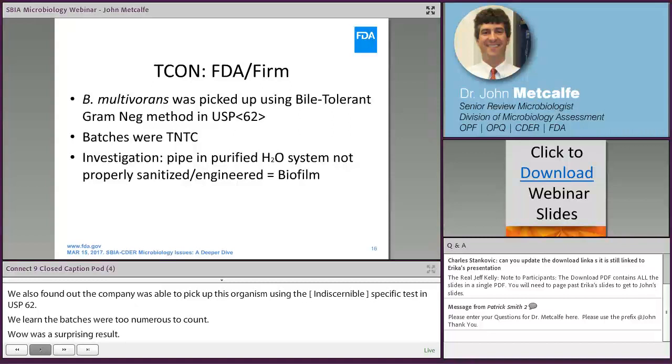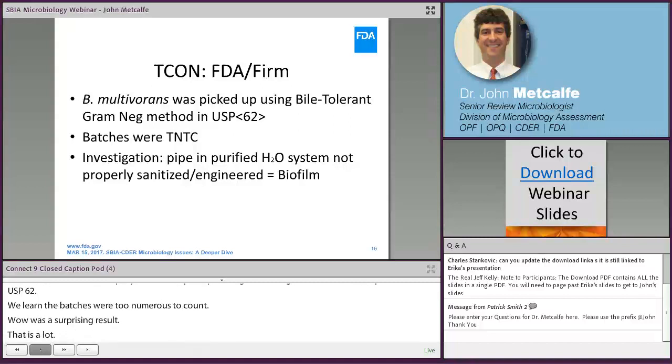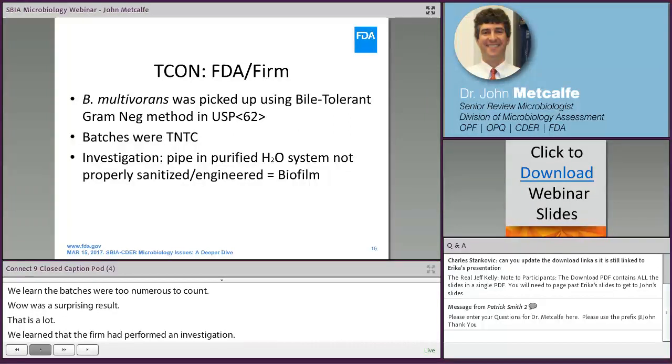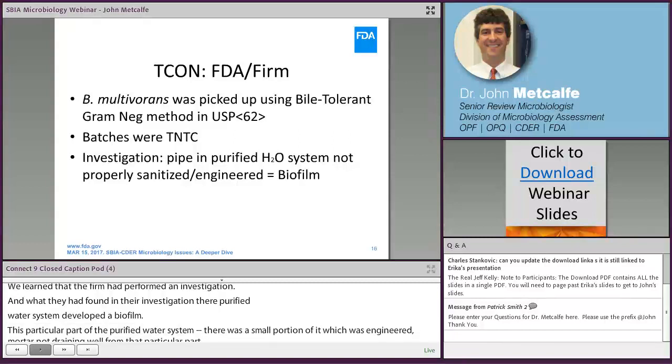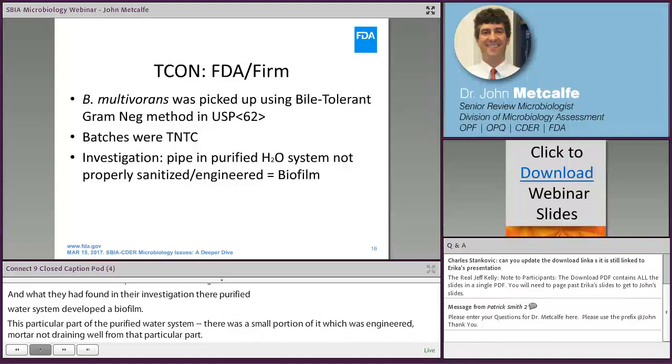And what they had found in their investigation was that their purified water system had developed a biofilm. The firm explained to us that there was a small portion of this particular part of the purified water system which was poorly engineered, meaning the water wasn't draining well from it, and it was undergoing an improper sanitization process, and Burkholderia formed a biofilm.